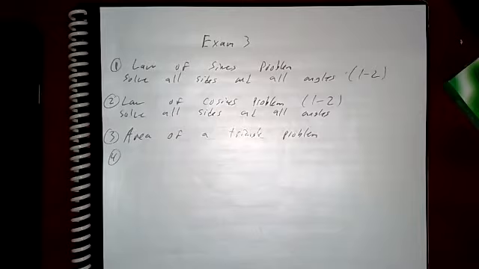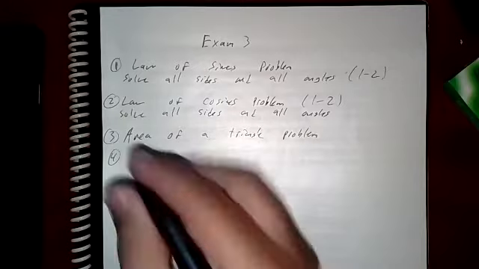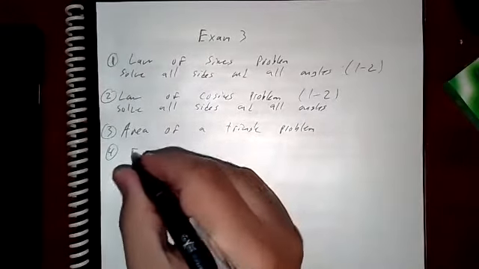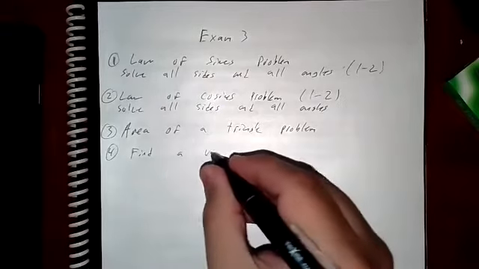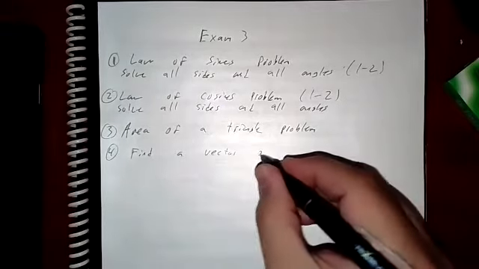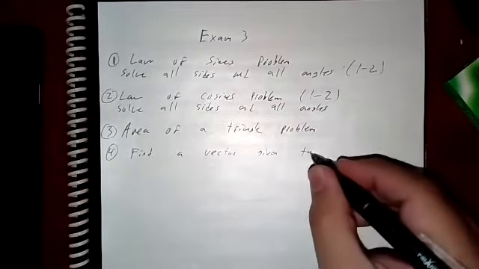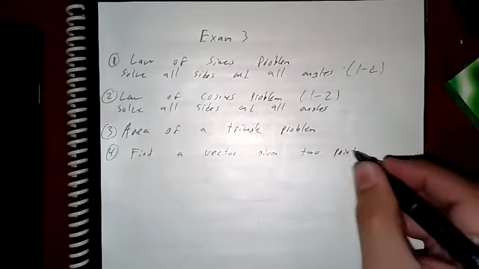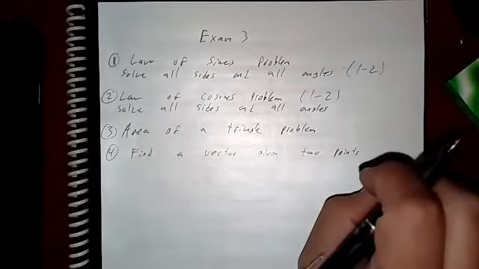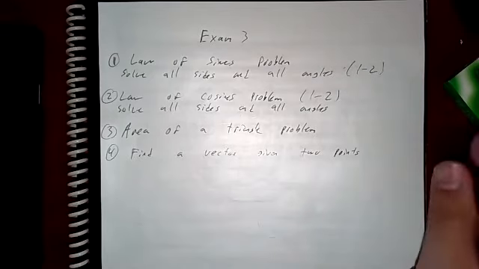Let me look at the rest of chapter 8. You'll have find a vector given 2 points. So remember how you subtract final minus initial point and you get the vector.